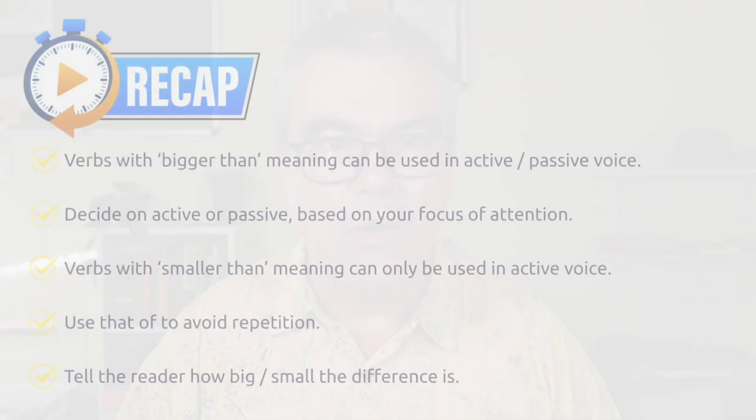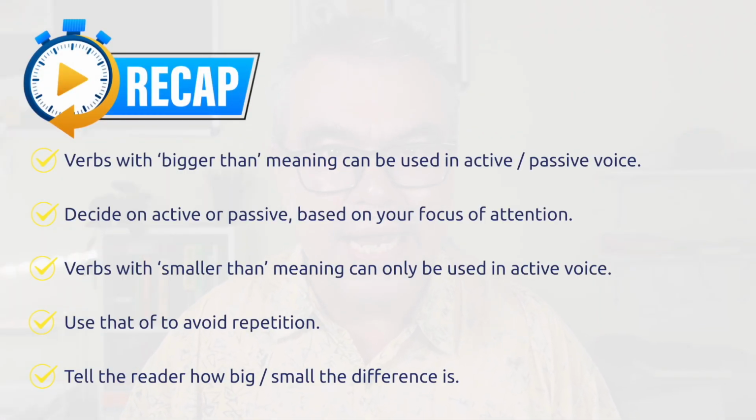Now, let me just summarize the key points in the video. So we've looked at verbs that mean either X is bigger than Y or X is smaller than Y, and I've given you the key verbs that you can learn and use for this. If you are trying to write using the bigger than verbs, you can choose to write the sentence in the active voice or the passive voice. Both are possible, but they will change the focus, i.e. which variable you are paying attention to.